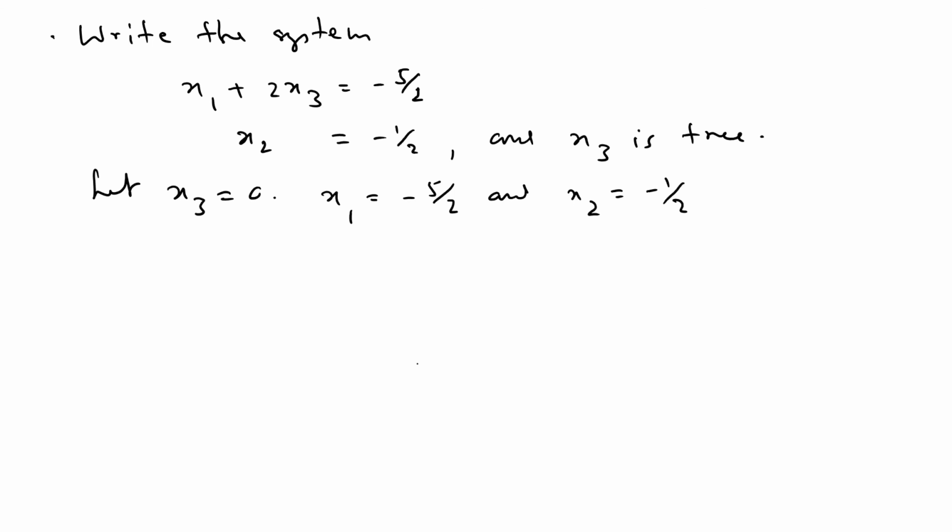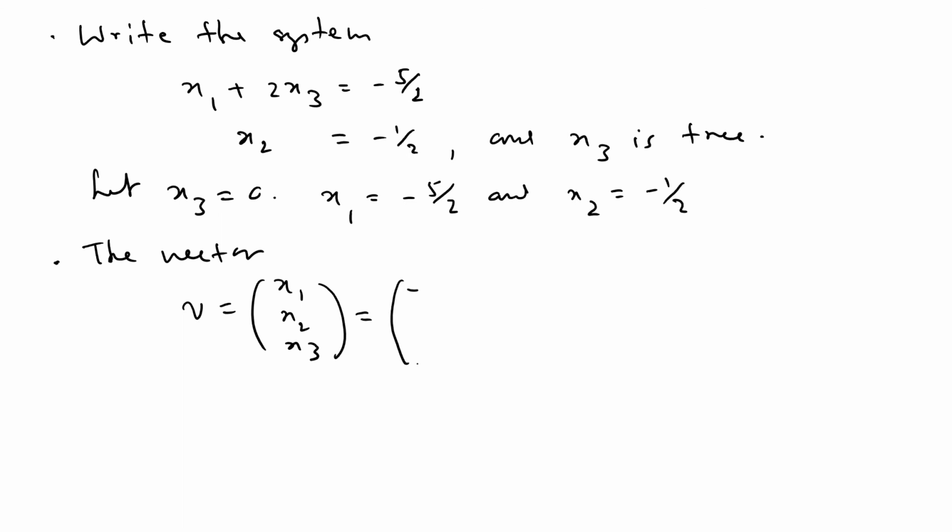So we can write the vector v, which has 3 components, x1, x2, x3, where x1 equals -5/2, x2 is -1/2, and x3 is 0.